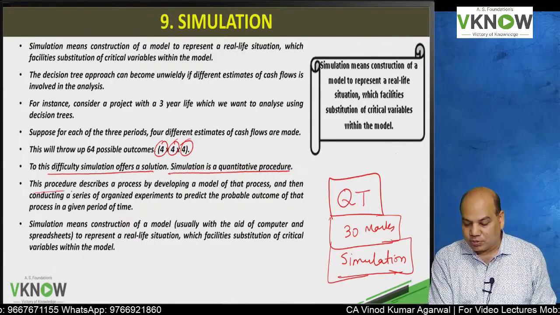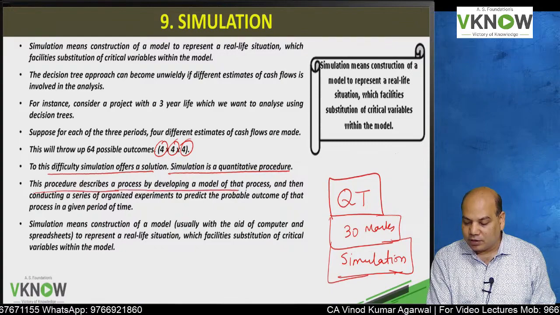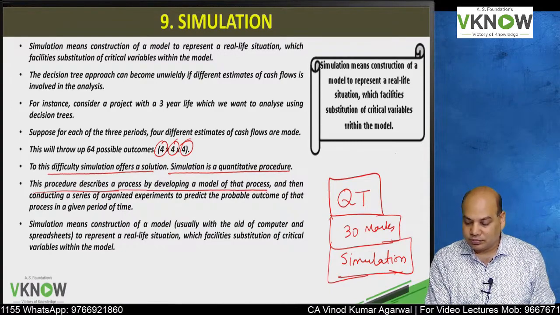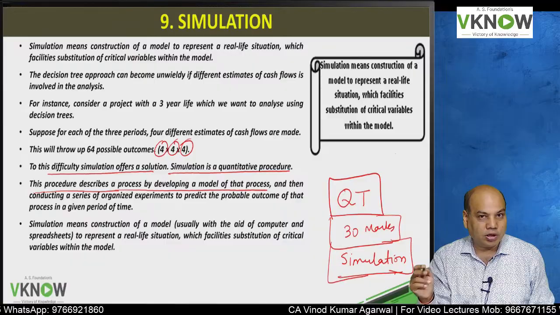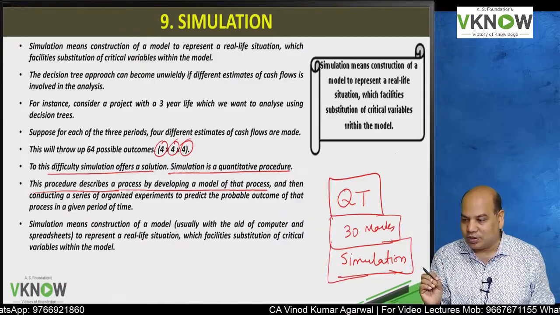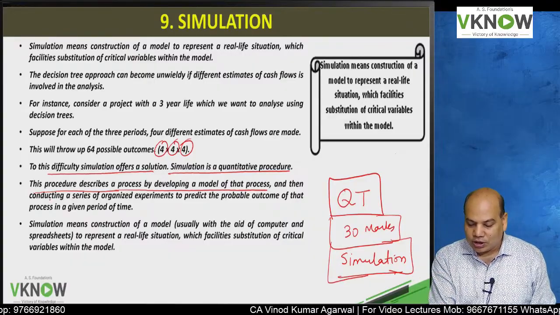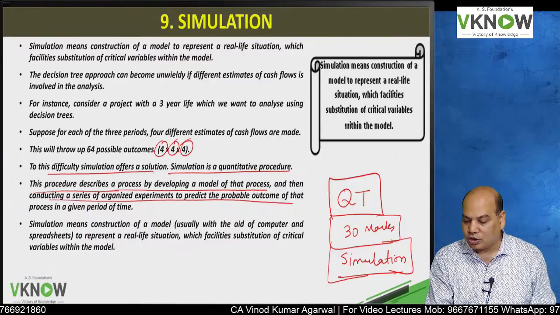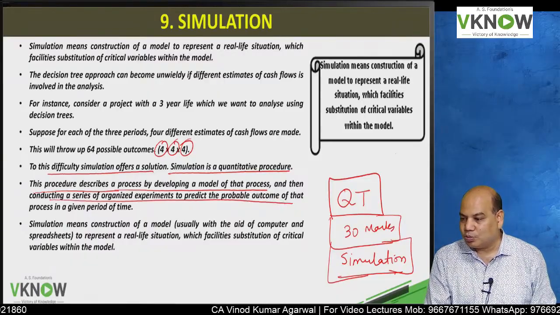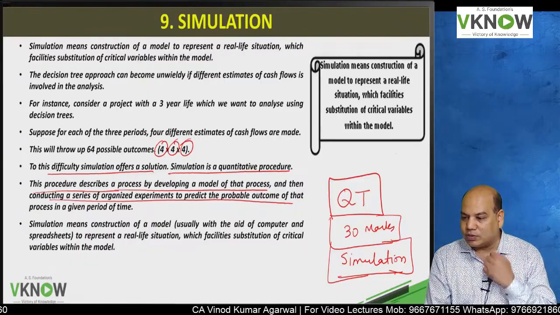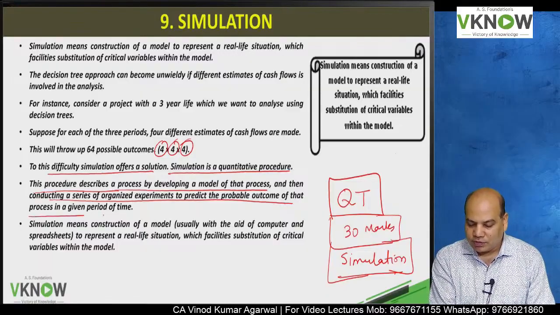The procedure describes a process by developing a model of that process. So first we have to develop a model of how NPV is calculated, and then we are going to conduct a series of organized experiments to predict the probable outcome of that process in a given period of time.